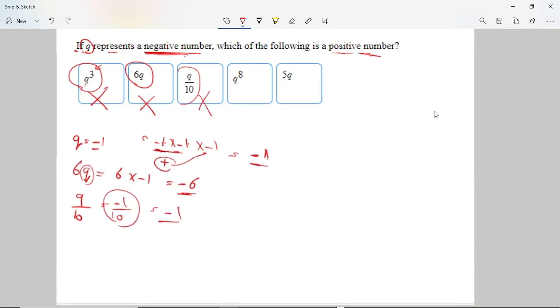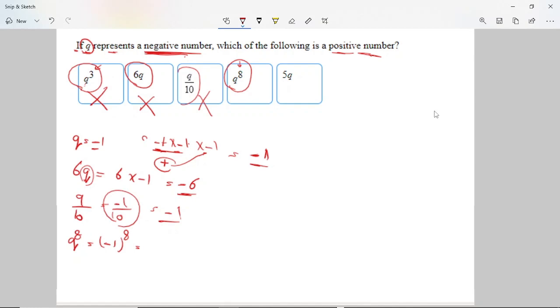Q to the power of 8. 8 is even, so this will be the right answer. So let's see. Q to the power of 8, let's say minus 1 for example, to the power of 8.